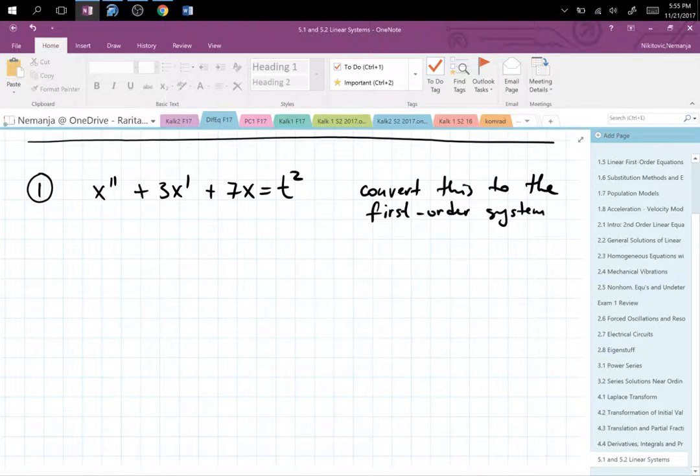I can use variables or functions, right? x1 and x2, for instance. So x is a function of t. Let me start by spelling that out. I know you all know it, but x is a function of t.